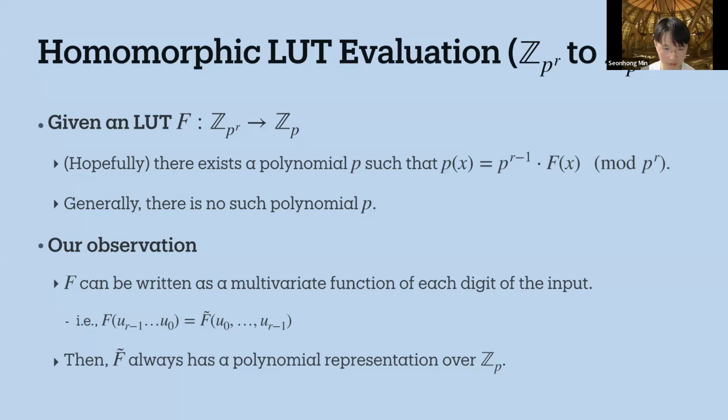So our observation is that such an LUT f can be written as a multivariate function of the digits of the input. For example, if we have the LUT f, then we can find some multivariate function f tilde, which is equivalent to the original f. And since we are operating on the finite field Z_p, f tilde always has a polynomial representation.